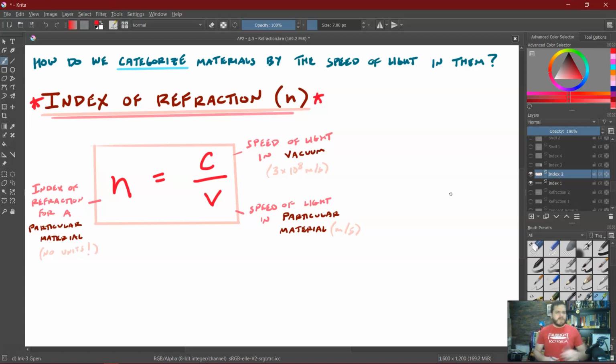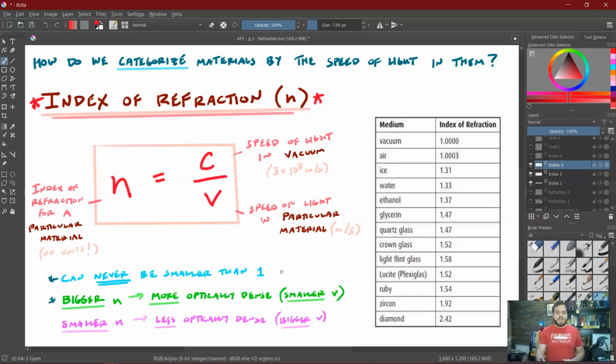But what are some other things we can notice about the index of refraction? Well, first, it will never be smaller than 1. Because the only way we could get a fraction less than 1 here would be if the speed of light in this particular material was greater than the speed of light in a vacuum, and that is not possible. So the lowest index of refraction we can get is actually that of a vacuum, which is equal to 1, because it would be 3 times 10 to the 8th meters per second divided by 3 times 10 to the 8th meters per second.